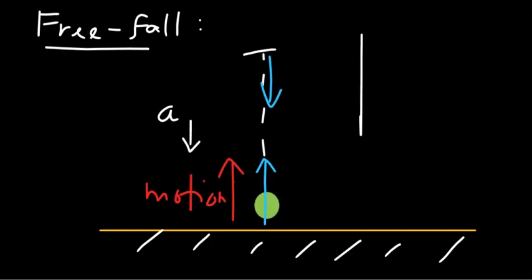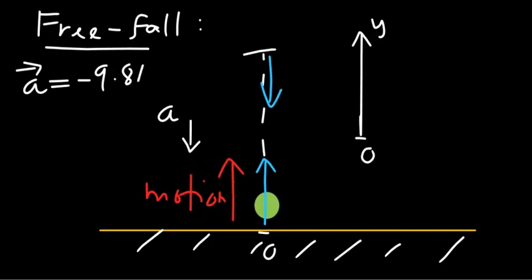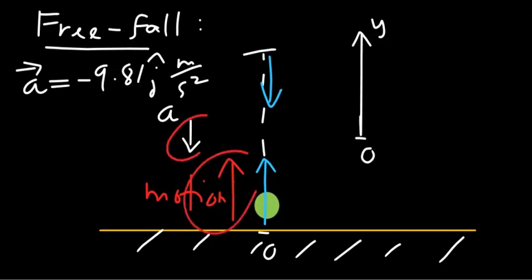Indeed, if we take the line of motion to be the y-axis, so that is the origin of that y-axis, we see that the acceleration vector can be written as minus 9.81 j hat. Because j hat is the unit vector along the y-axis, the unit is of course meter per second squared. We know that when the direction of motion is opposite to that of acceleration, the object would slow down. So that is what's happening here.